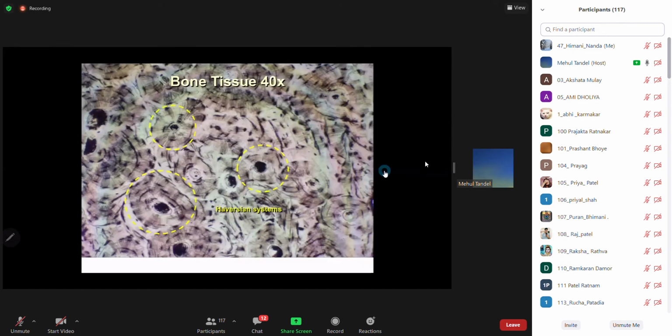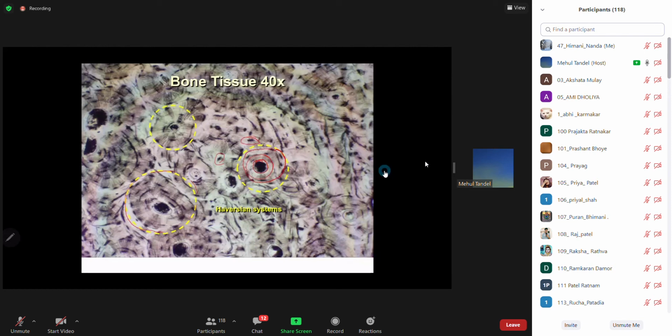Here, this is the ground section of compact bone. We know how this ground section is prepared. In ground section, you can see osteons and Haversian systems. The Haversian canal is in the center, surrounded by concentric lamellae, and in between the lamellae there are lacunae and canaliculi.